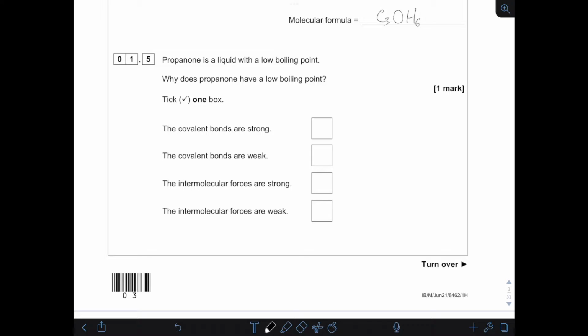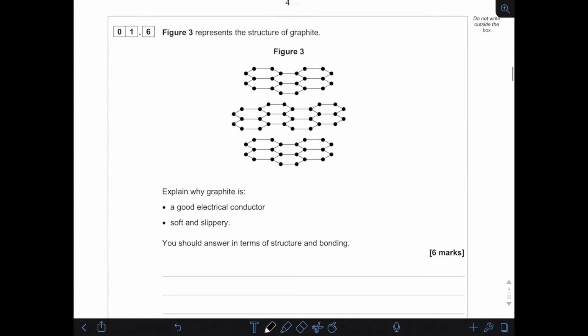To have a low boiling point, the intermolecular forces have to be weak, and therefore the last option is the correct one. You can't say the same for diamond because it's a giant covalent structure, and you can't say the same for sodium chloride because it's an ionic structure. Okay, it only applies to simple molecular.